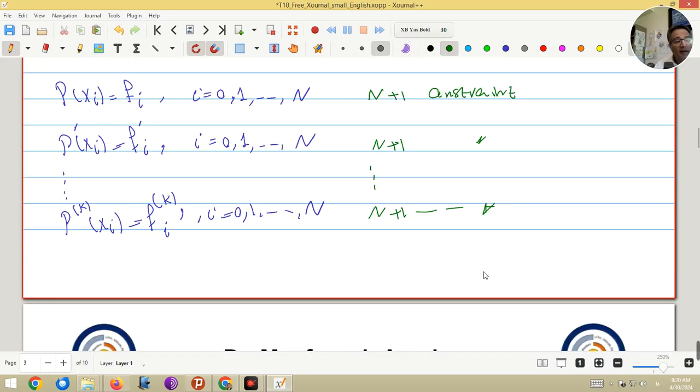Okay, so finally, if you consider all of these constraints, you have k plus 1 times n plus 1 constraints in total.